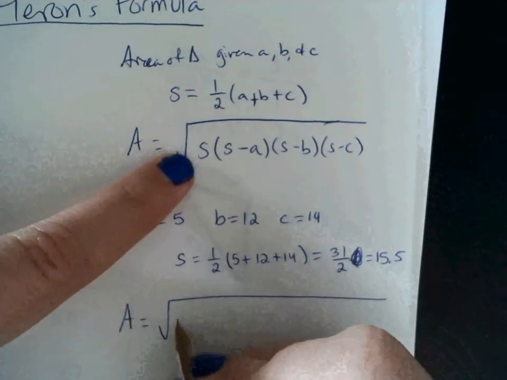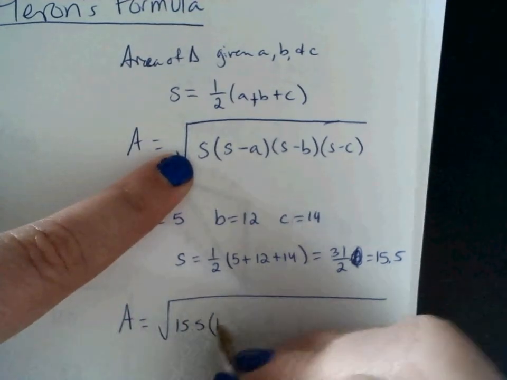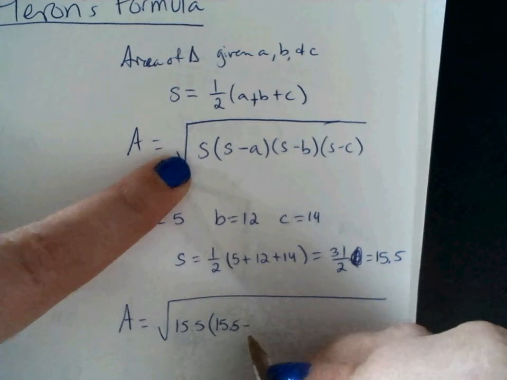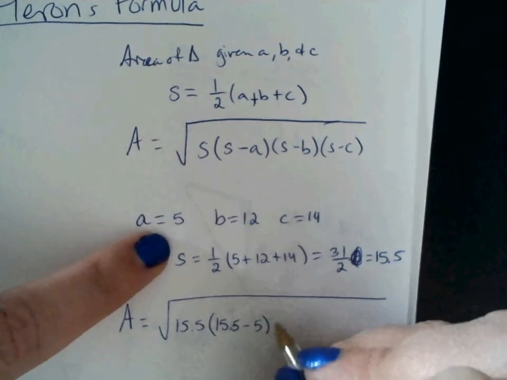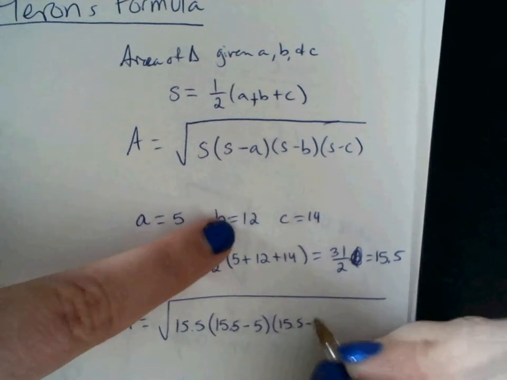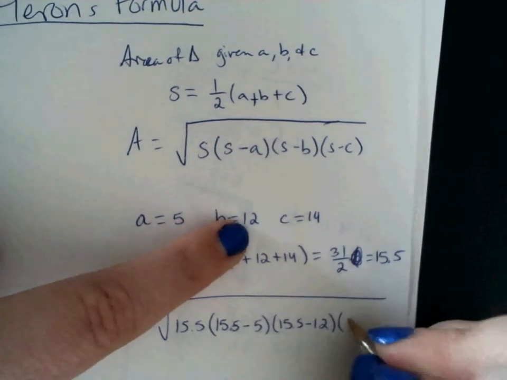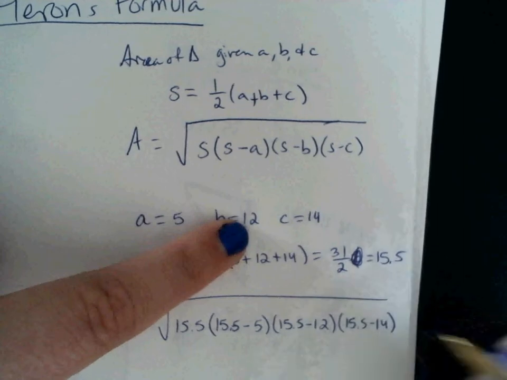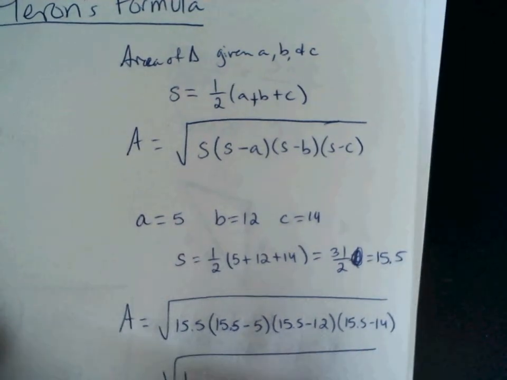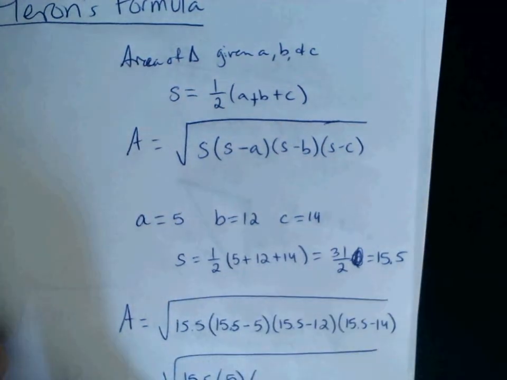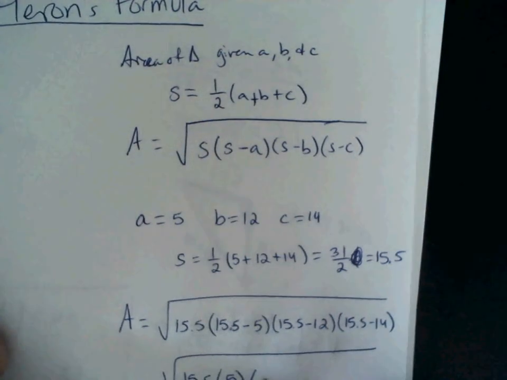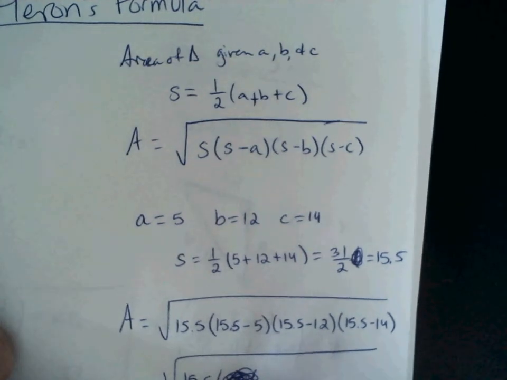Okay, so area equals half the perimeter, 15.5, times half the perimeter, 15.5 minus A, times 15.5 minus B, times 15.5 minus C. So if you wanted to, instead of writing all that out, you put 15.5 times 10.5 times 3.5 times 1.5.